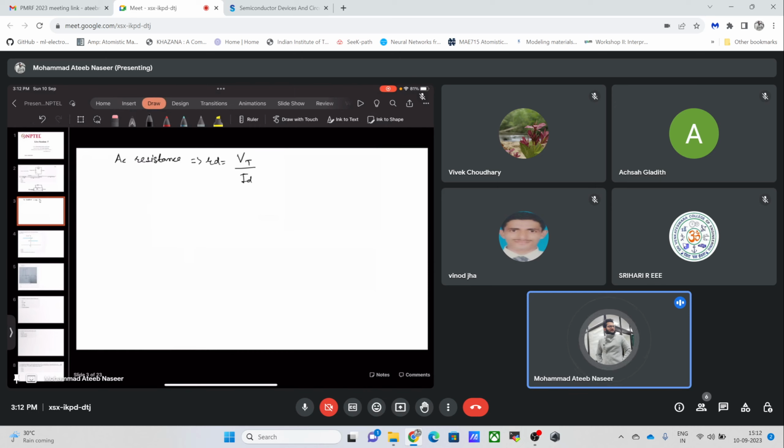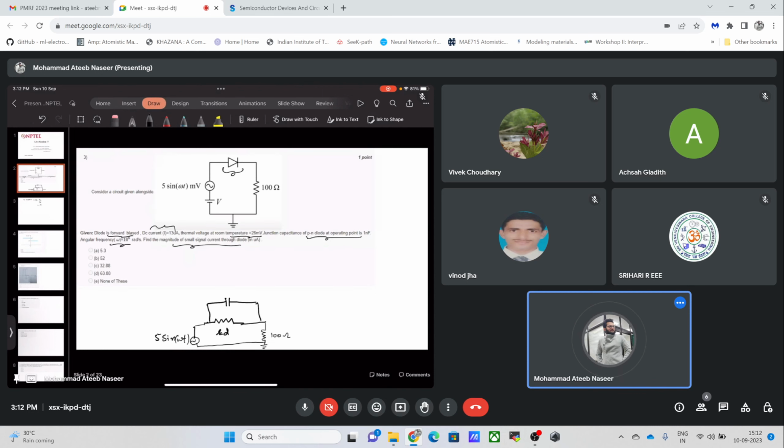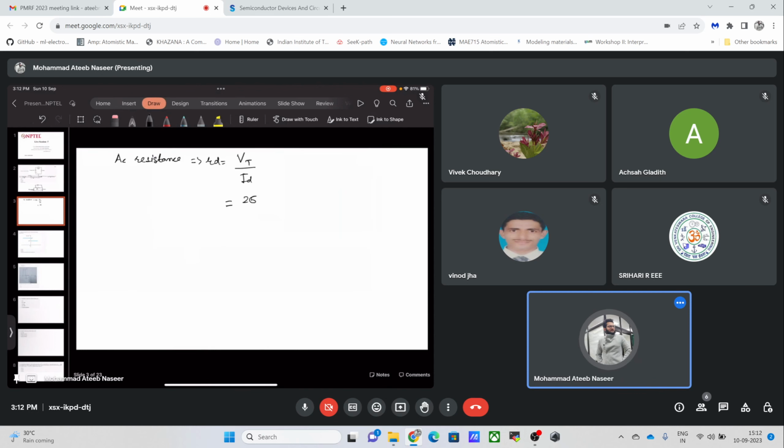This DC bias current is given to us, and this VT is simply 26 millivolts. So it is 26 into 10 raised to power minus 3, and it is 13 into 10 raised to power minus 6. So this RD would simply be equal to 2 kilo ohms. This is the resistance associated with this PN junction diode.